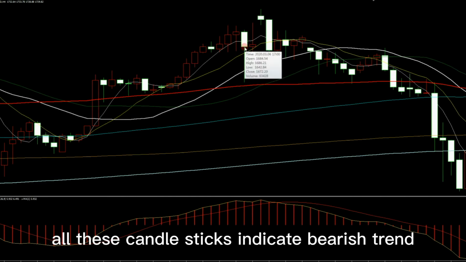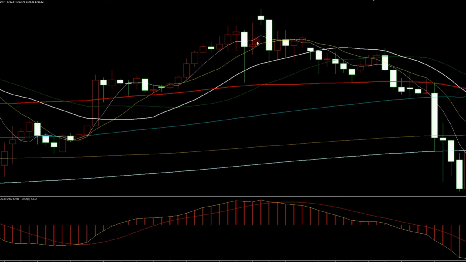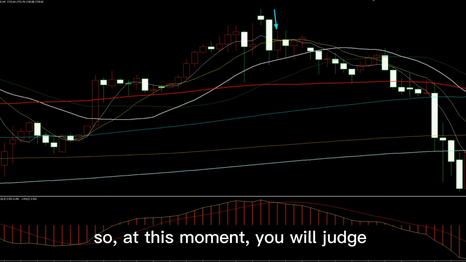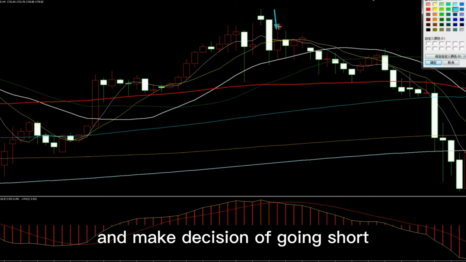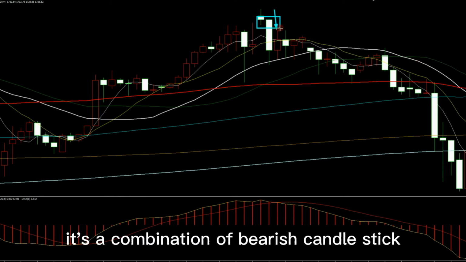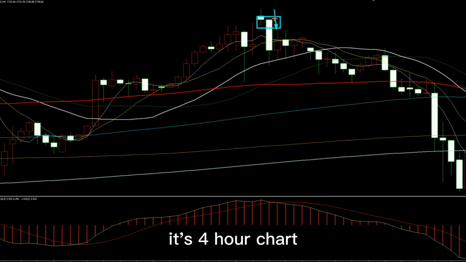All these candlesticks indicate a bearish trend will appear. The long inline appears after a small inline. So at this moment, you will judge and make a decision of going short. It's a combination of bearish candlesticks on the 4 hour chart, specifically the entry point.